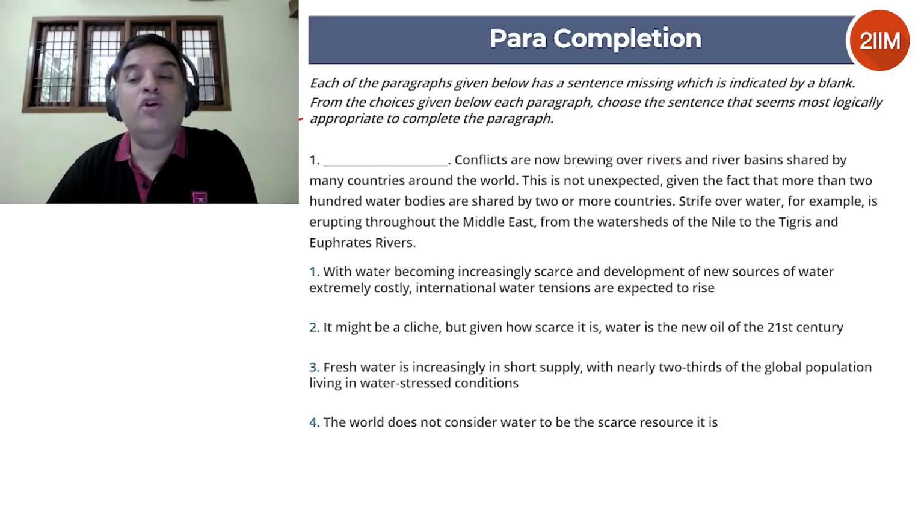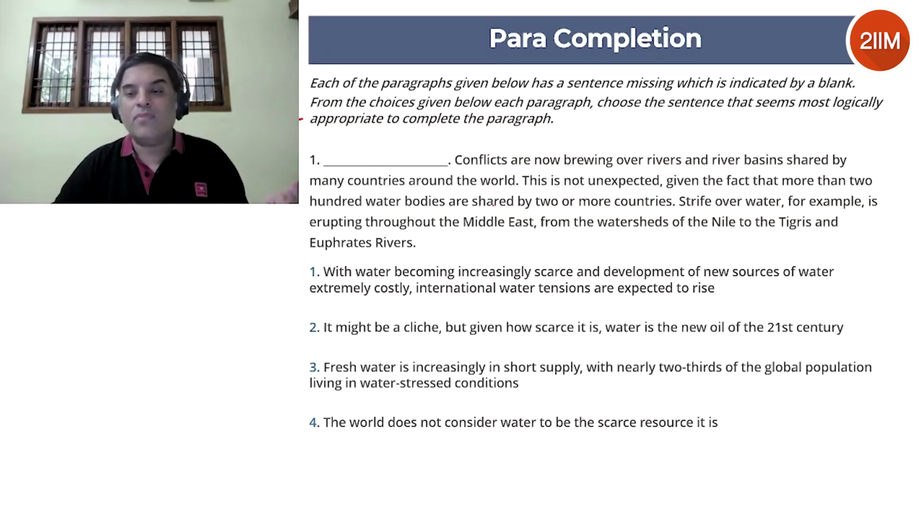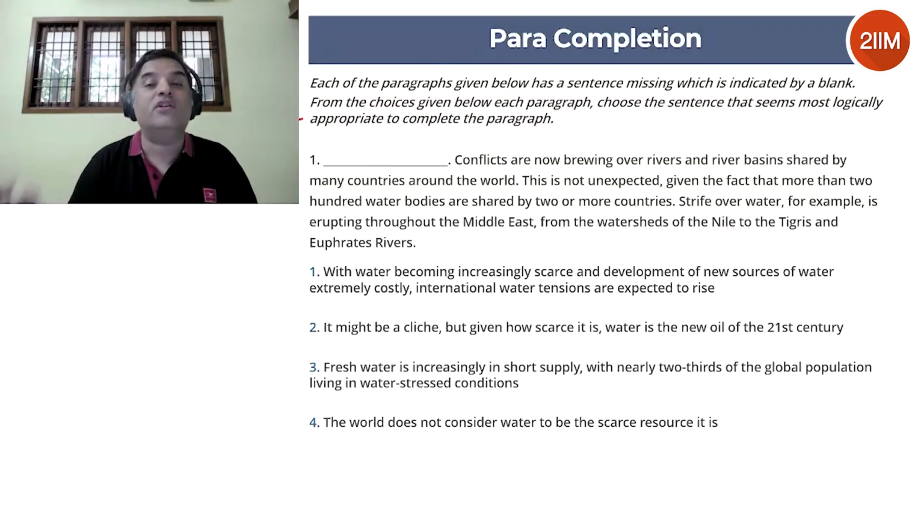Conflicts are now brewing over rivers and river basins shared by many countries around the world. This is not unexpected, given the fact that more than 200 water bodies are shared by 2 or more countries. Strife over water, for example, is erupting throughout the Middle East, from the watersheds of the Nile to the Tigris and Euphrates rivers.